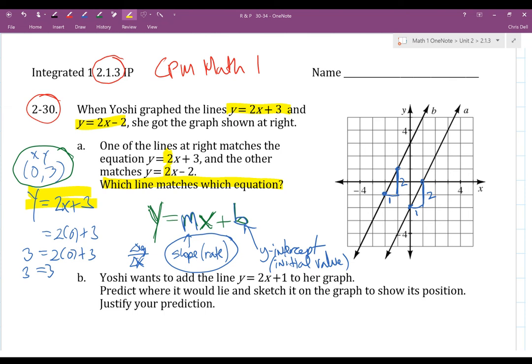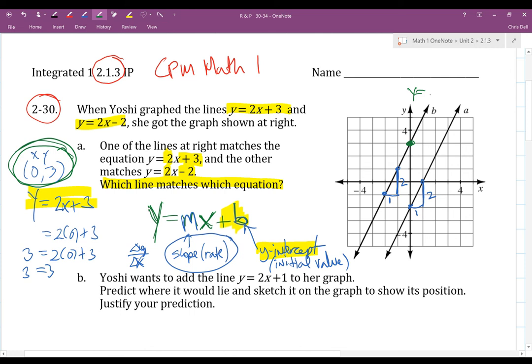So the difference in these equations is this part, the minus 2 and the plus 3. Well, what do those represent? Again, back here, that's representing the y-intercept, where it crosses the y-axis. So we could see that this one here, the plus 3, which we discovered here, that 0, 3 is the y-intercept. So that's the point for this equation. So I'm going to mark it here.